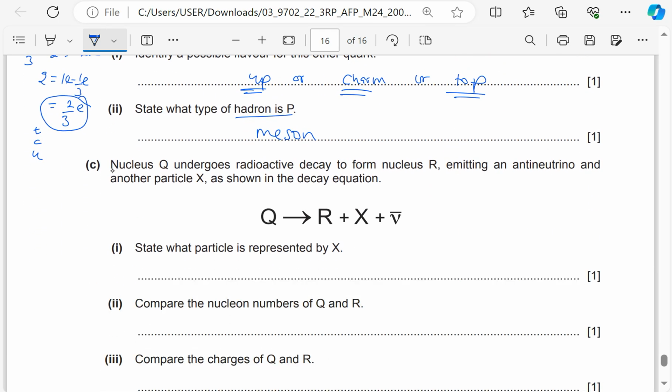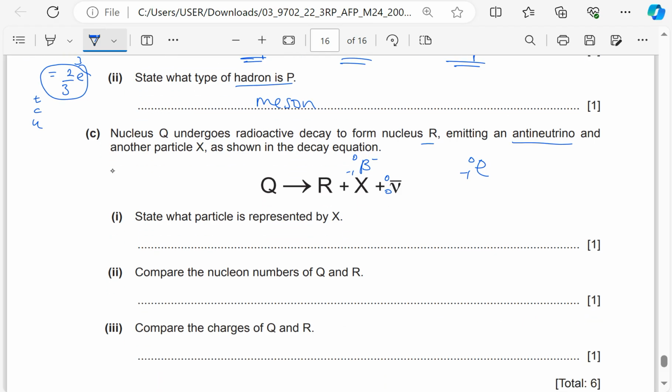The nucleus Q undergoes radioactive decay to form nucleus R, emitting an antineutrino, which has no mass and no charge, and another particle X. Of course, an antineutrino must be accompanied by a normal particle. So this is going to be beta minus, or e with 0 and -1.